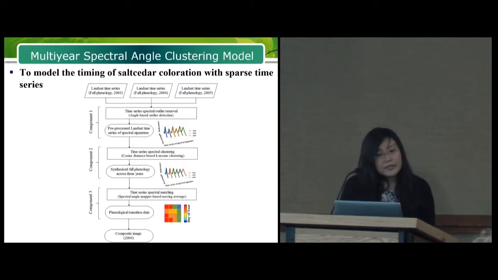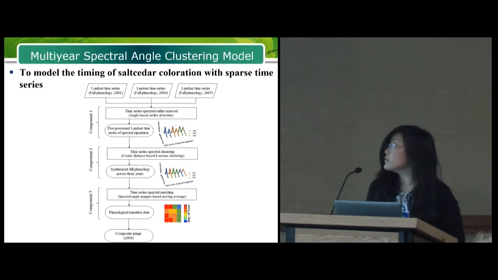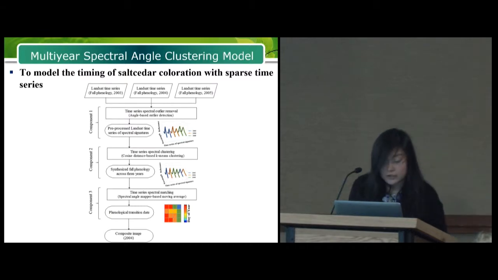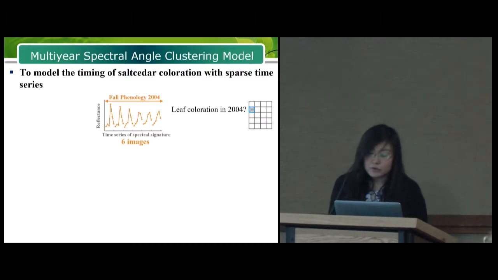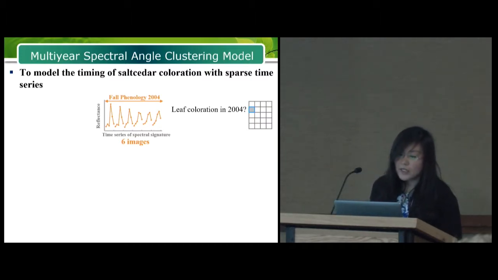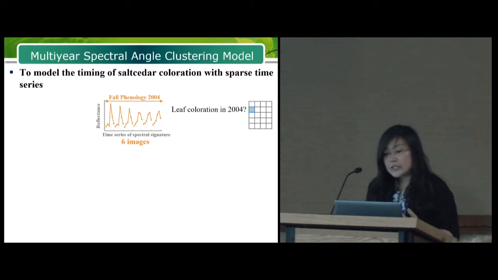For the multi-year spectral angle clustering model, basically it includes three components: time series spectral outlier removal, time series spectral clustering, and time series spectral matching. Here I will use a very brief example to introduce this model. When we have satellite imagery, we have multiple pixels. For every pixel, we want to know the leaf coloration timing for the vegetation.